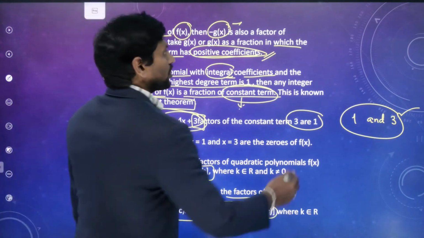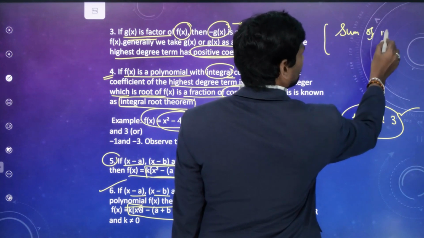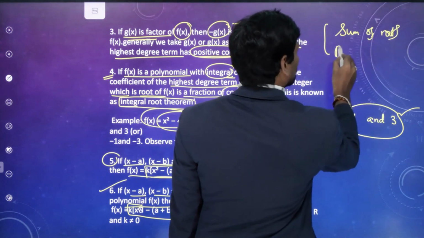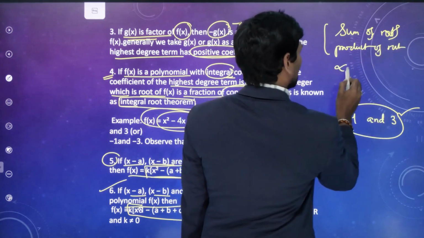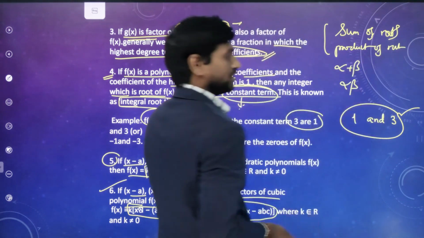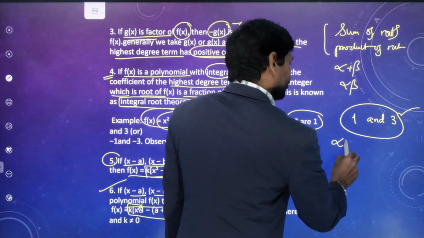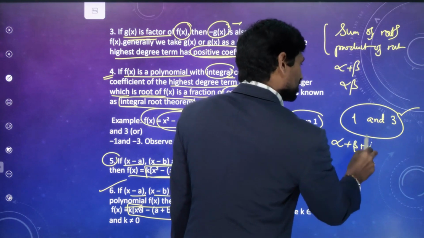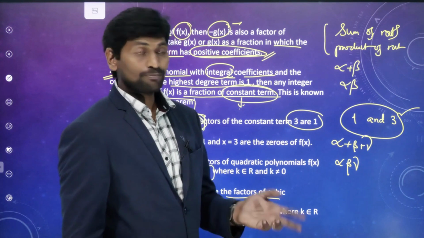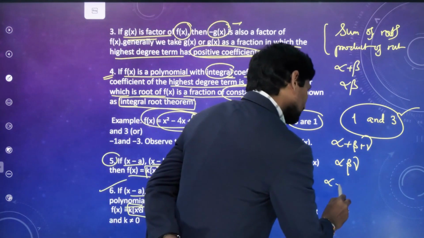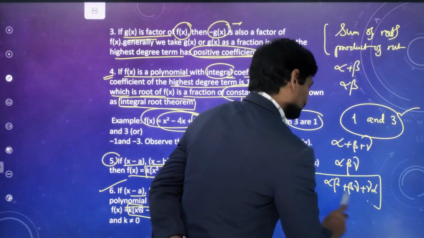When you observe the quadratic polynomial, we get only the sum of roots and the product of roots, that is alpha plus beta and alpha into beta, minus b by a and c by a. But for a cubic polynomial we get the sum of roots, alpha plus beta plus gamma, the product of roots, alpha into beta into gamma, as well as the sum of the products of roots taken two at a time, that means alpha beta plus beta gamma plus gamma alpha.